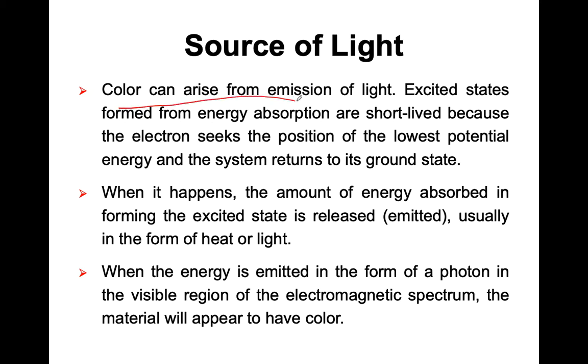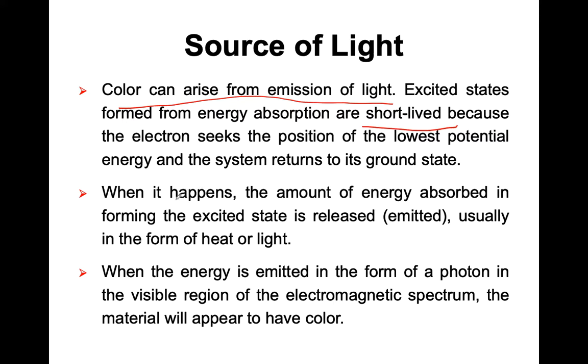Color can arise from emission of light. The excited states formed from energy absorption are short-lived because they are at the higher energy level, and the electrons seek the position of the lowest potential energy. So the system will return to the ground state. In this case, electrons on the excited states will jump back to the ground state.